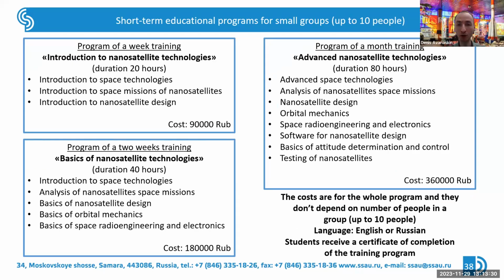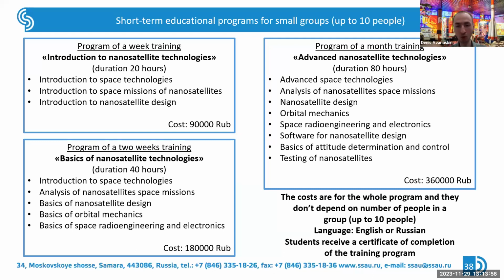Also, we have short trainings, for 1 week, 2 weeks, and for 1 month. The cost here is for the program, not for a person, but for a program. So in the group, there can be up to 10 people. So you can divide this cost by the number of people.